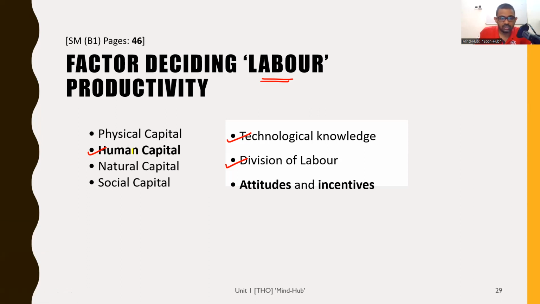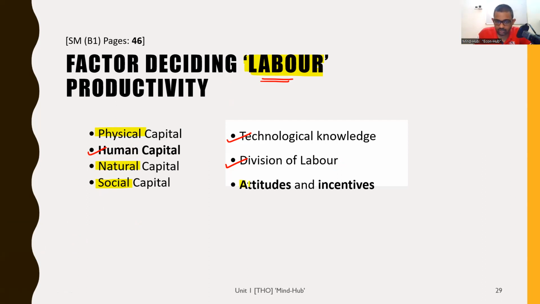That's a key. Special points are 3 more types of capital: physical capital, natural capital, social capital. So you have to have 4 types of capital when you talk about labor. Get it? Physical, human, natural, and social. We only take human capital if you are talking generally about factor productivity.